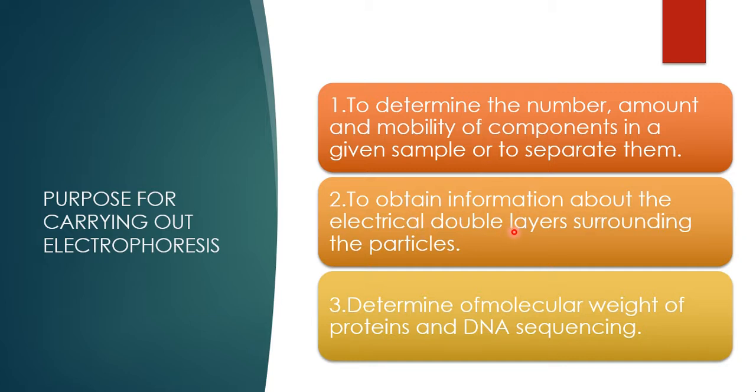Then, to obtain information about the electrical double layers surrounding the particles. Every particle is going to have some sort of layer surrounding it, and which type of charge is present, we come to know by using electrophoresis. Not only that, as I told you, we can determine the molecular weight of proteins, and we can even use electrophoresis in DNA sequencing. So these are the main purposes for which we carry out electrophoresis.